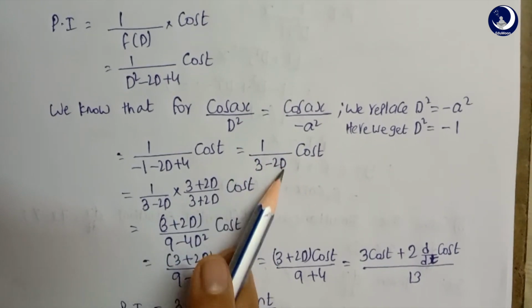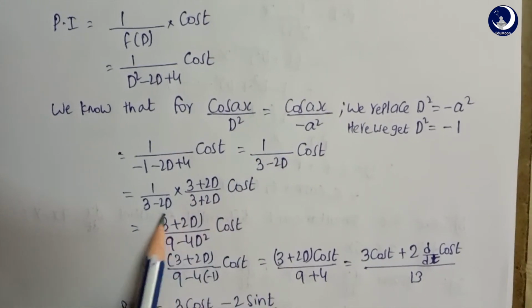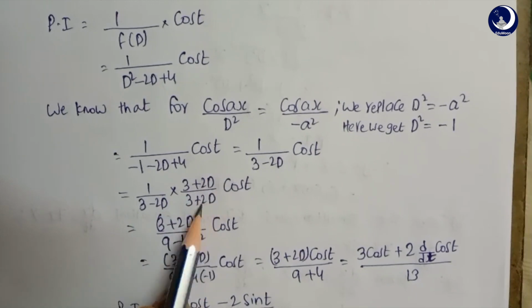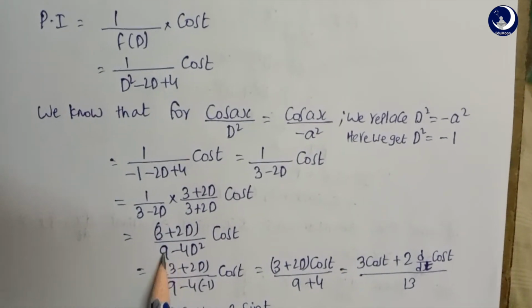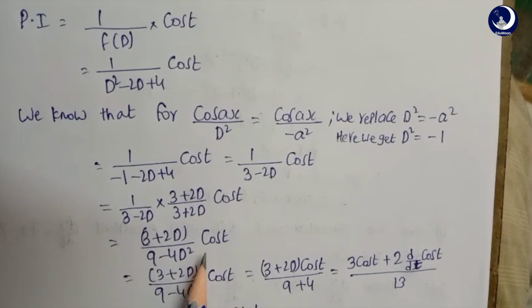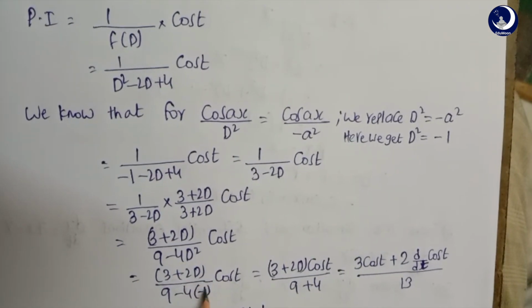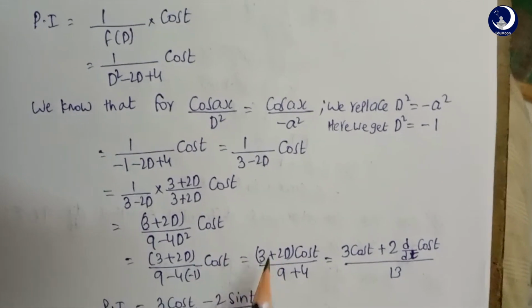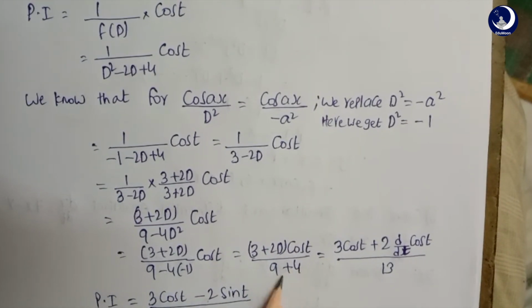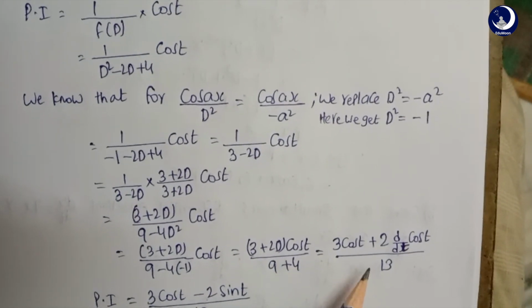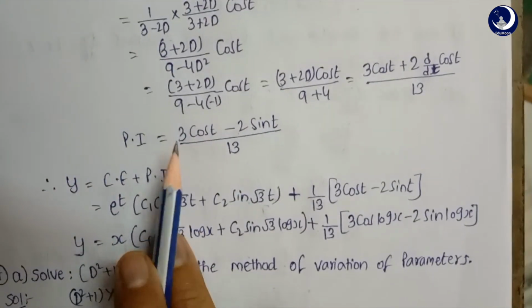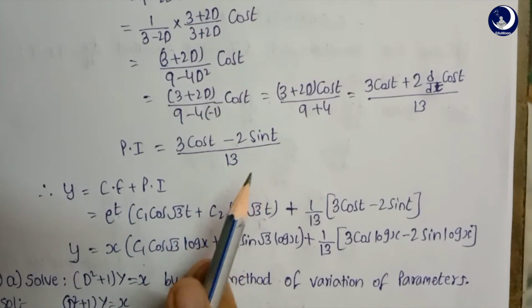For this, we have to rationalize the function 3 minus 2D. Rationalizing, we get 3 plus 2D by 3 plus 2D. Then 3 plus 2D by 9 minus 4D square into cos t. We know that D square means minus 1. By replacing it, we get 3 plus 2D into cos t by 9 plus 4, which is 13. So I got PI equal to 3 cos t minus 2 sin t by 13.